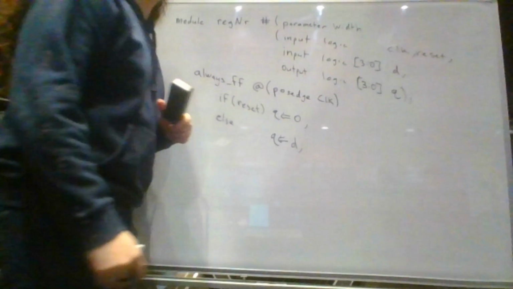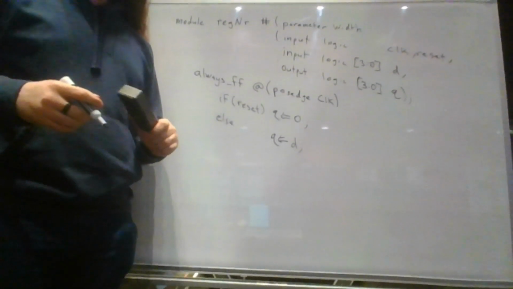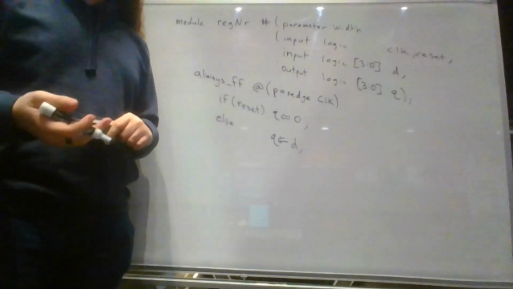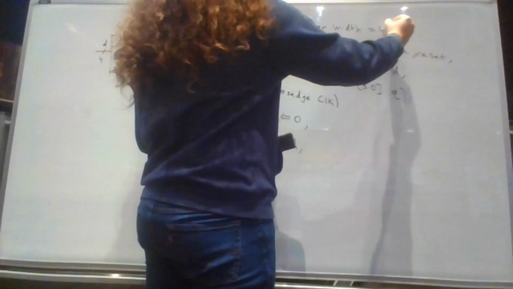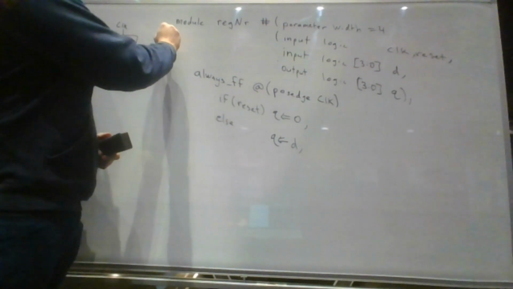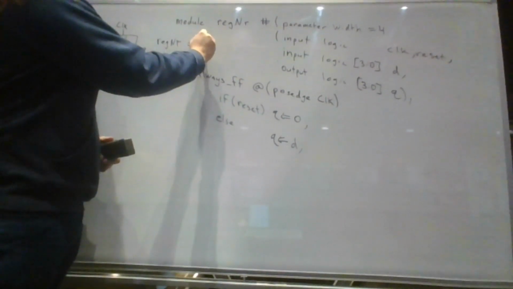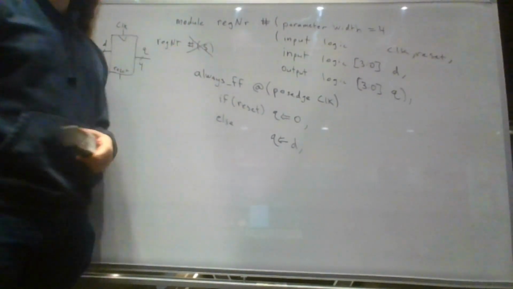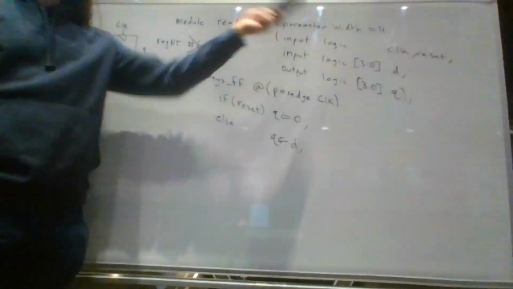If I want a default, such that when I instantiate this later and don't put anything in the instantiation, I can just assume a default, I can put that here like so. If I don't use a parameter list when I do the instantiation, it's going to assume 4 by default.